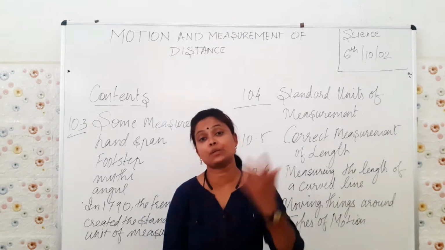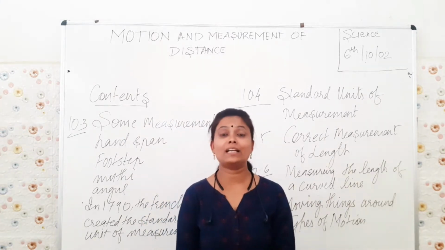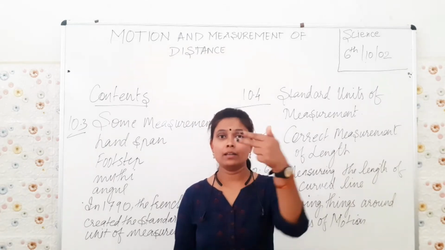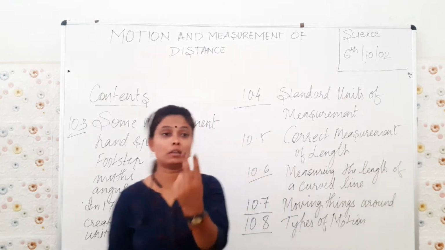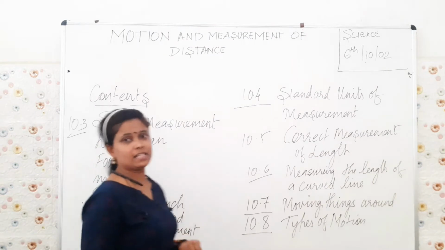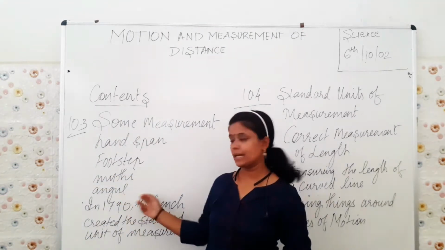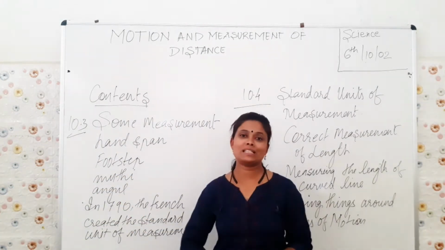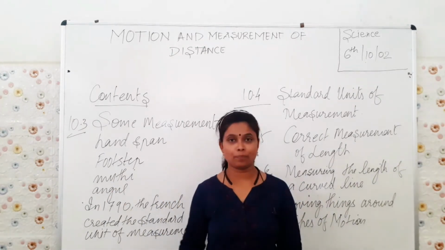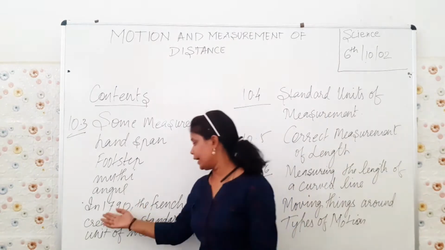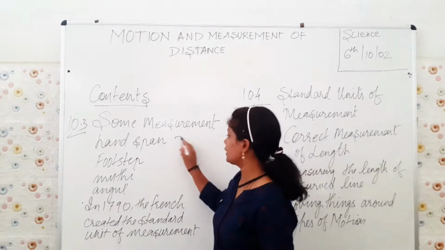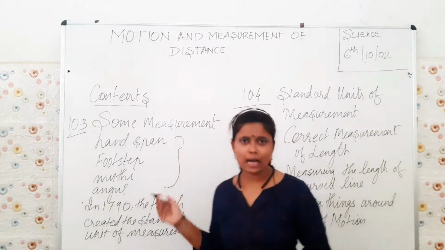You can say, loosen it by 2 anguls. In earlier days, and even nowadays, people understand this language. In English we say 2 finger gap or 1 finger gap. Clear?